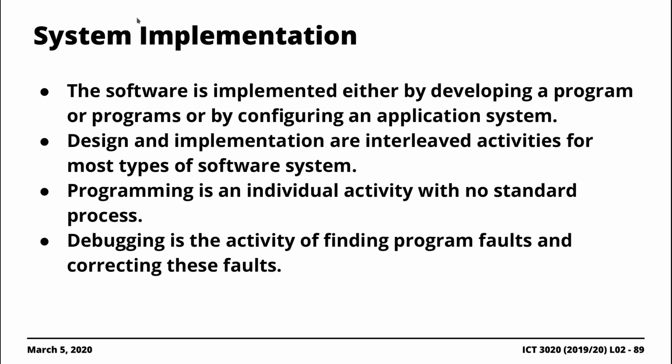And also to remind us that typically, seeing as the system implementation involves programming, programming is a fundamental and individual activity. So if you have a number of people that are writing software programs associated with a particular piece of software you might be implementing, you must appreciate the fact that these individuals will typically be working in isolation, right?